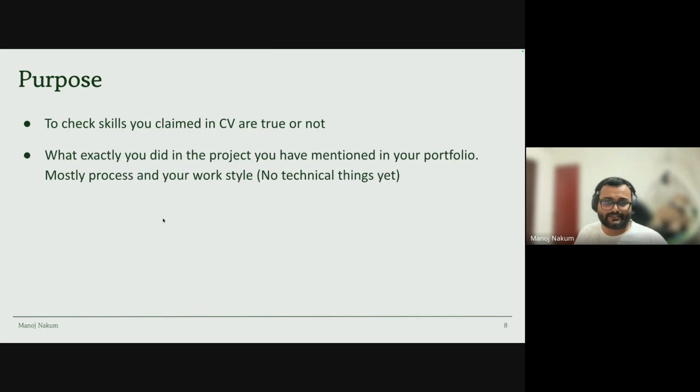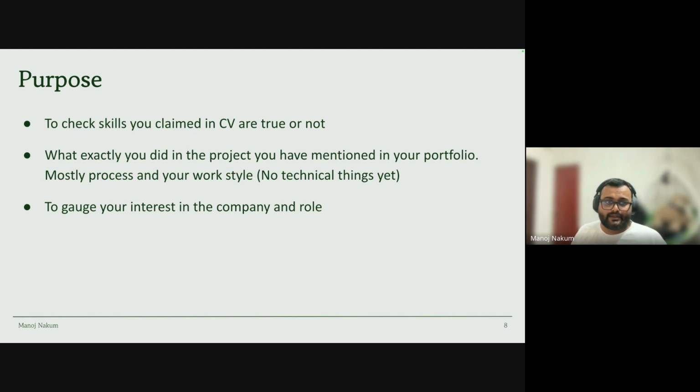In the portfolio specifically, whatever you have shown, it is generally checked whatever stage of the process you claim to follow, like research, wireframe, ideation. So we go into that. In this round, it is still not technical. We just want to validate whether you have followed this or not.